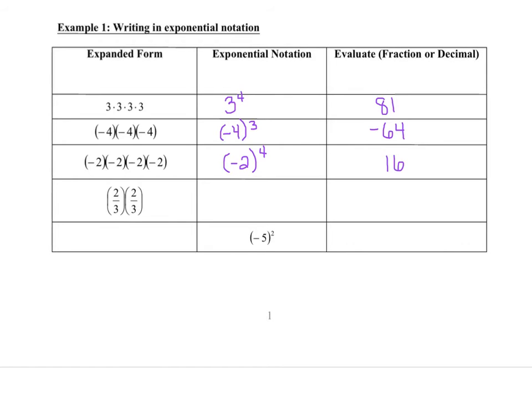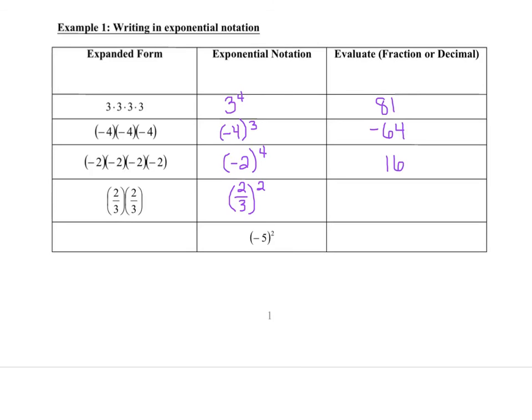Now let's go to the next one. We have 2/3 times 2/3. Therefore, our base is going to be 2/3. How many times is that 2/3 repeated? It's repeated 2 times, so our exponent is going to be the 2nd power.